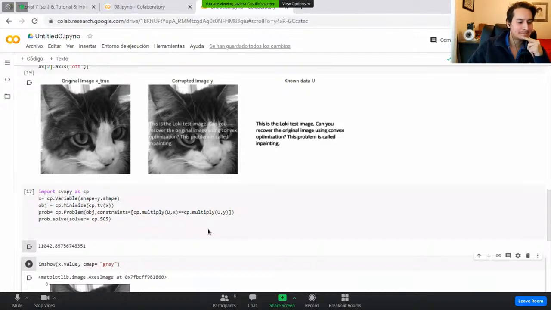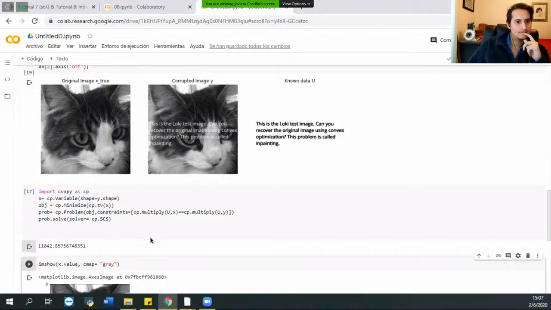Se supone que en ese caso, mi imagen que está corrupta, la transformo donde estas letras que están negras las pone en el color que deberían ser del gato y las partes blancas las deja blancas, o es como... No, think as you only have the corrupted data, the image at the middle. You only have that.